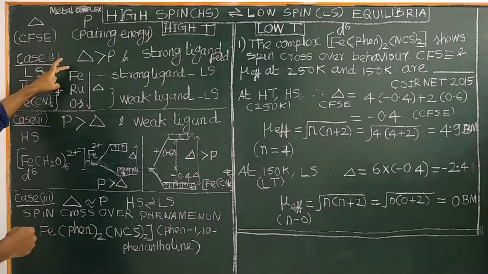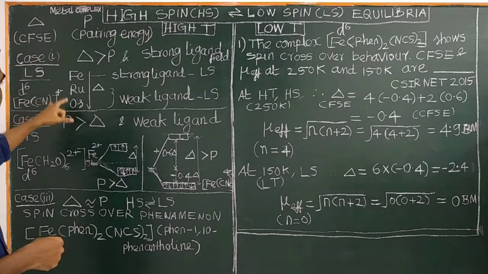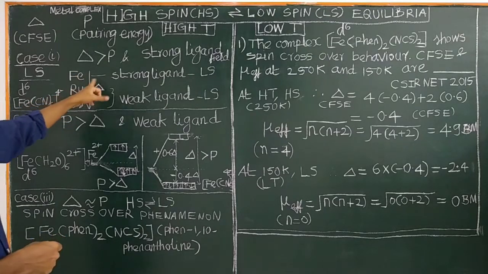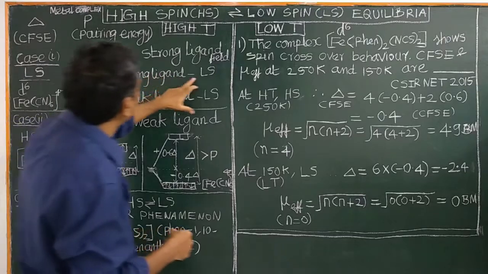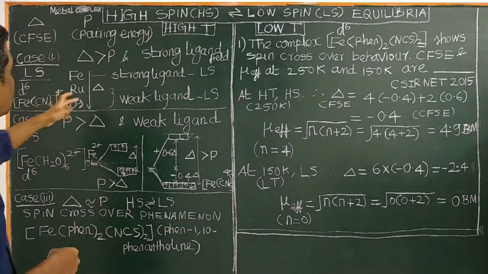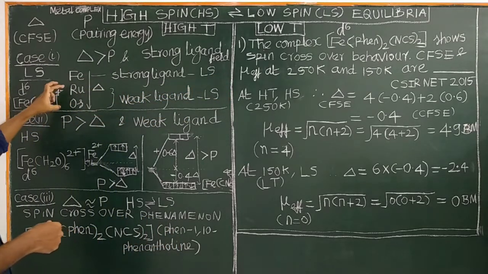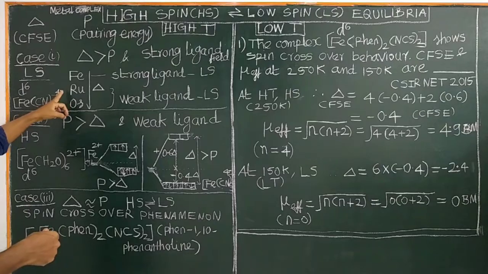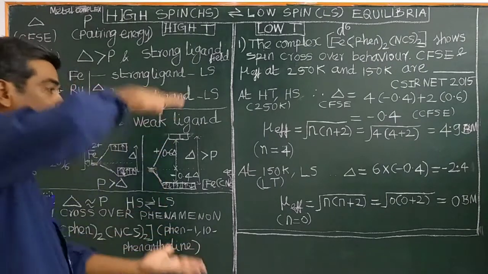As we go down in the transition metal series, this is the 3d series, this is the 4d series, this is the 5d series. In the case of the 3d series, a low spin complex is formed only in the presence of a strong ligand. Whereas in the case of ruthenium, the 4d and 5d series, the crystal field splitting is large.